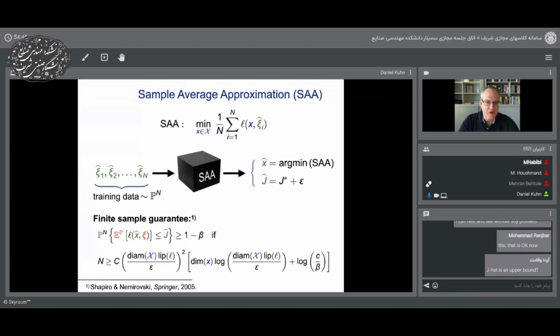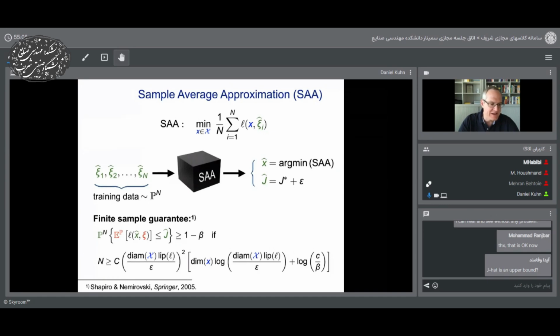In fact, one can prove that the optimal solution, x hat, of the SAA problem is an epsilon suboptimal decision for the true problem with high probability if the number of samples n is large enough. So we have a finite sample guarantee.